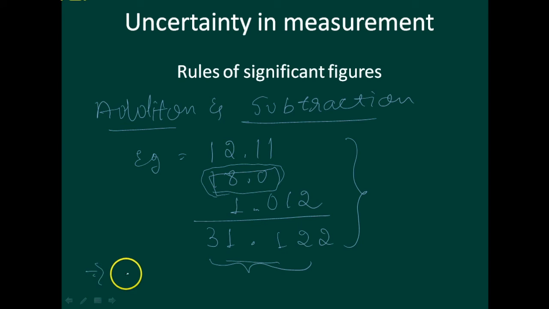You write the answer as 31.1. This applies to both addition and subtraction. Here 18.0 has only one digit after the decimal point, and the result should be reported only up to one digit, so our answer is 31.1. This is about addition and subtraction.